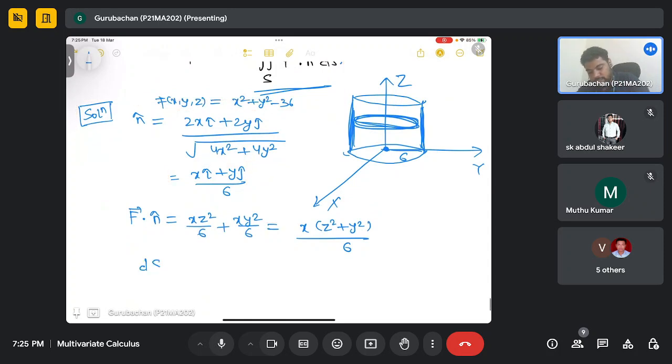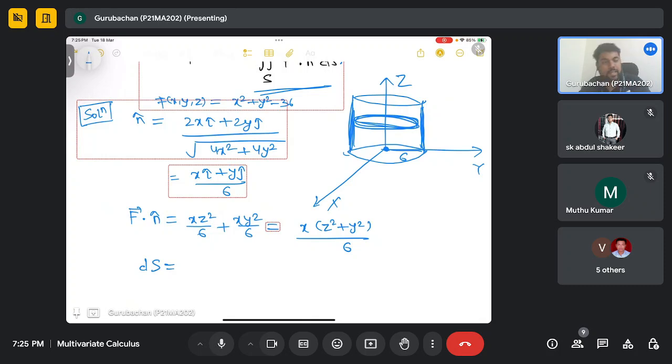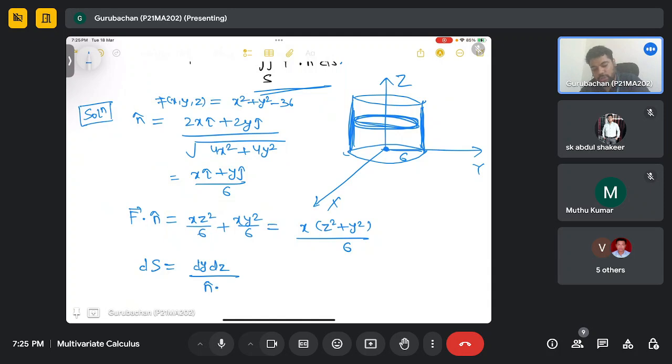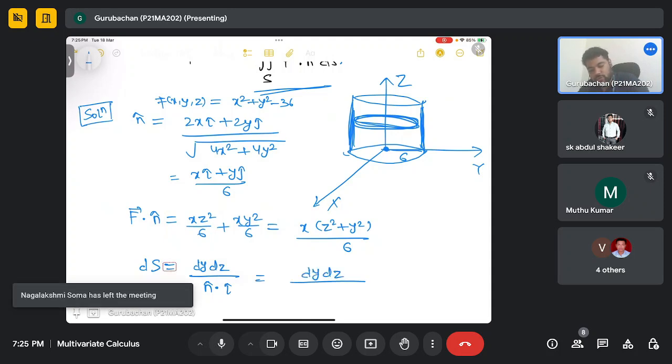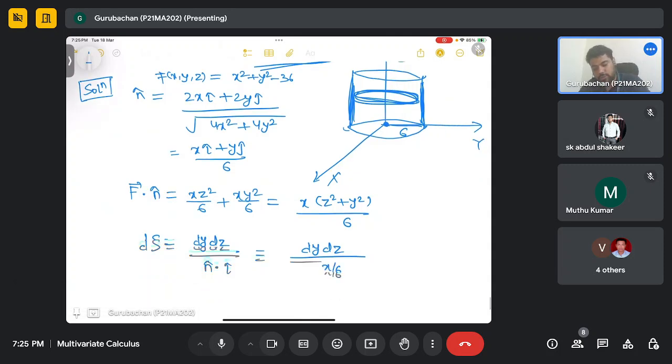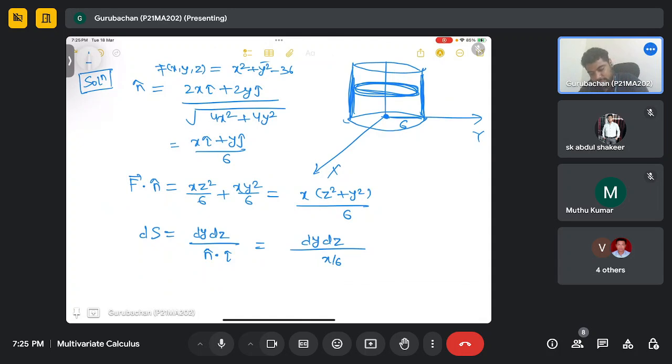Now you can consider dS in such a form that this x can be cancelled out. x can be cancelled out only if you take the projection over the yz plane. So this will be dy dz divided by n cap dot i cap, and n cap dot i cap will give us x by 6.